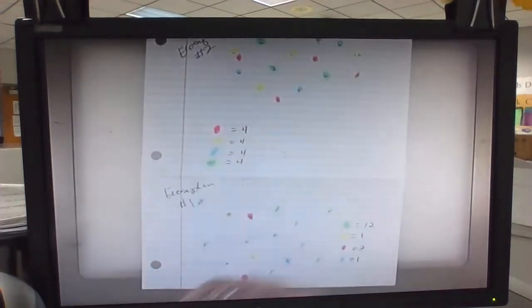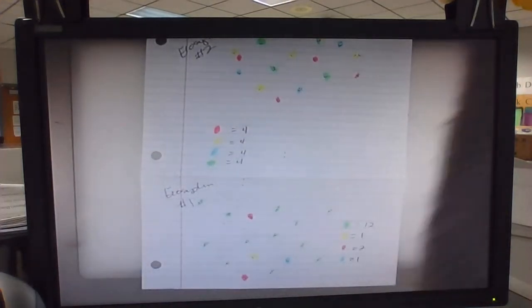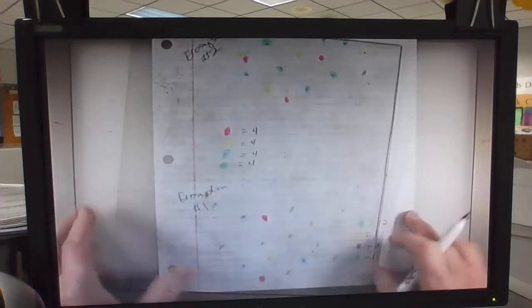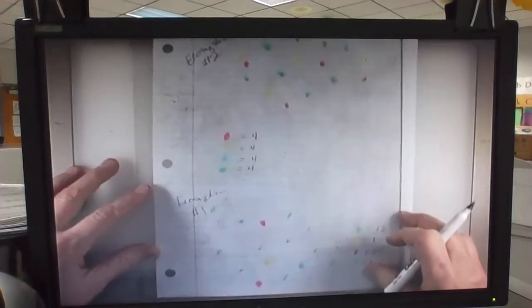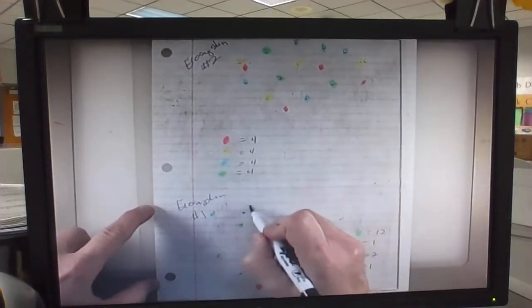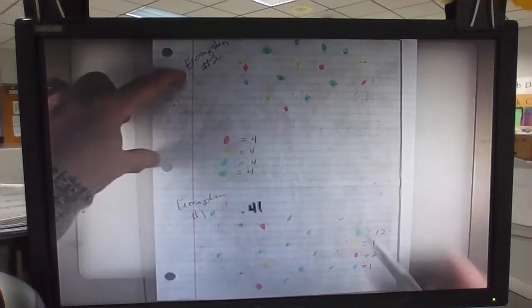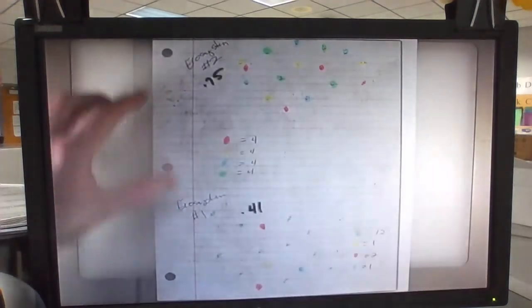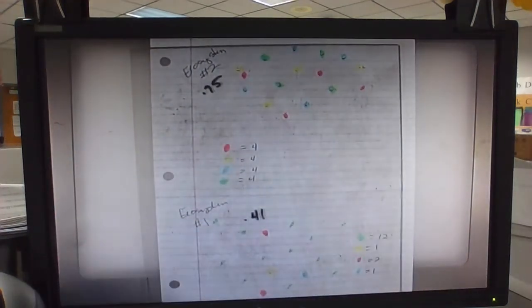When we compare these two ecosystems then, ecosystem number 1 was 0.41, ecosystem number 2 was 0.75. The closer you are to 1, the more diverse, the more biodiversity that ecosystem has.